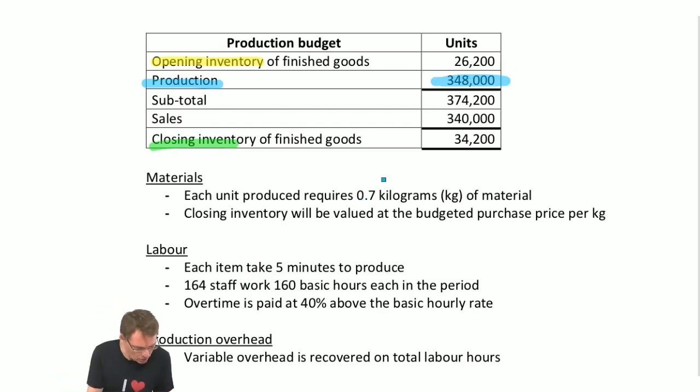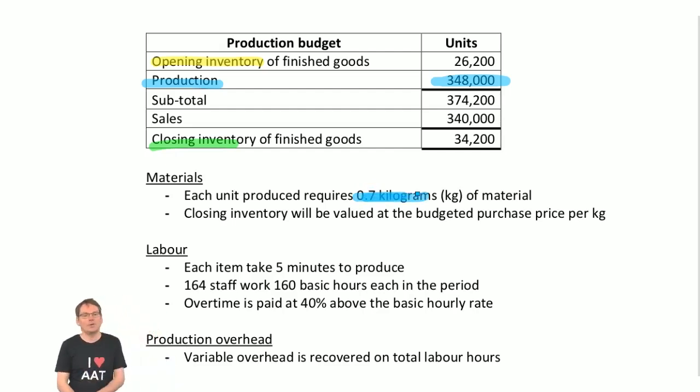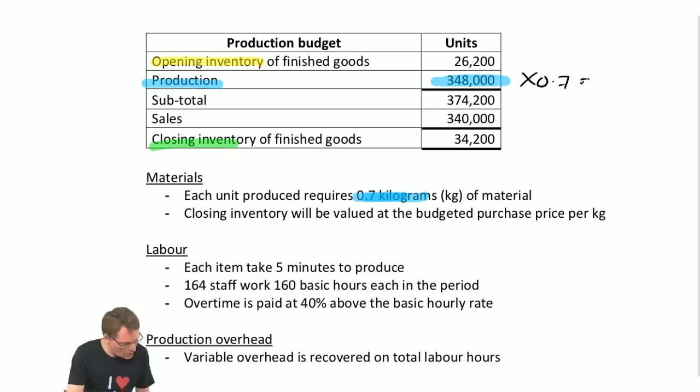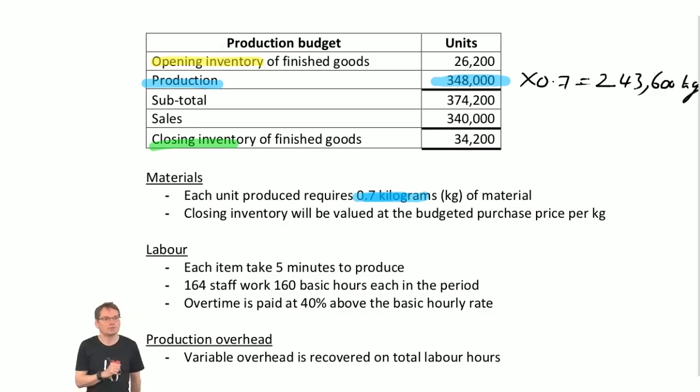And we also know that each unit of production uses up 0.7 kilos of material. So that means that our production must have used up 243,600 kilograms.